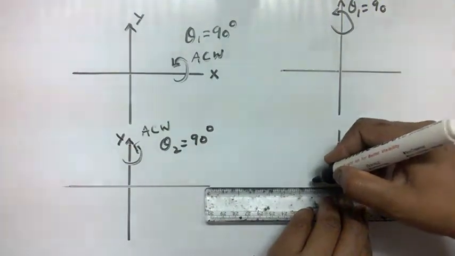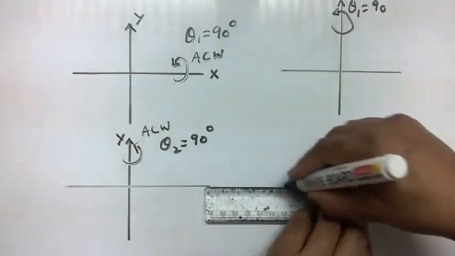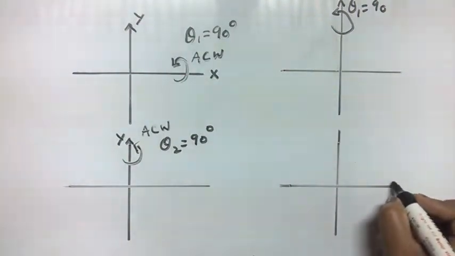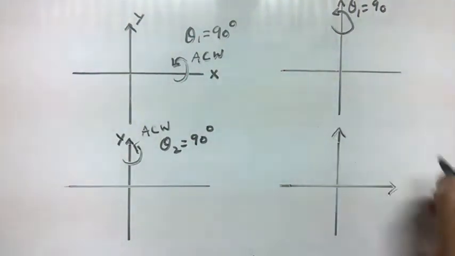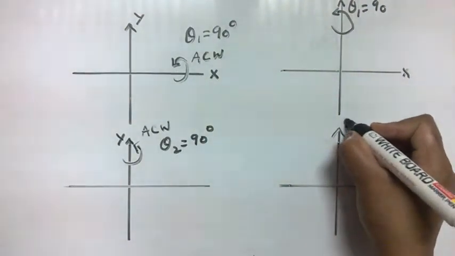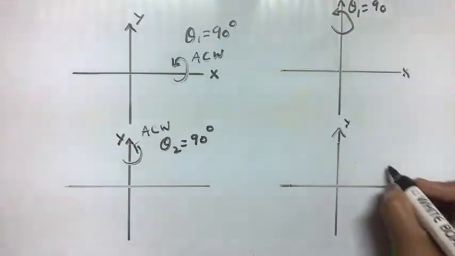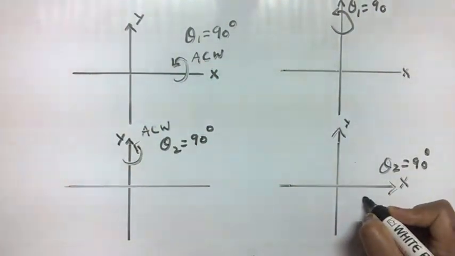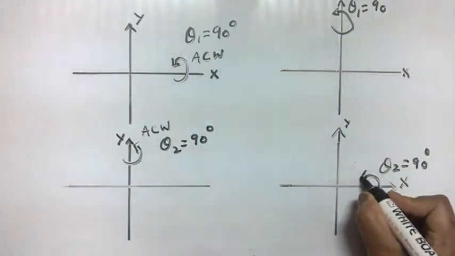Here we are not changing the direction, but we have changed the order. Now let's see its orientation, whether it is changed or not. This is the x-axis, y-axis, angle is now theta 2 equal to 90 degrees, and it is also anti-clockwise.